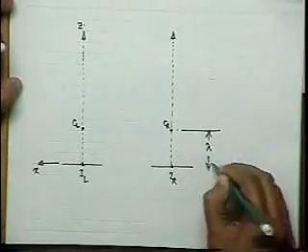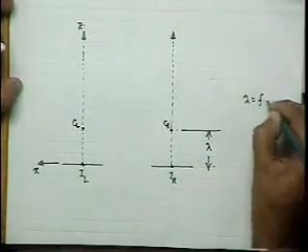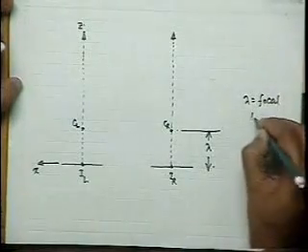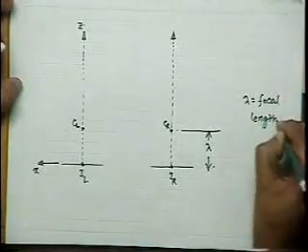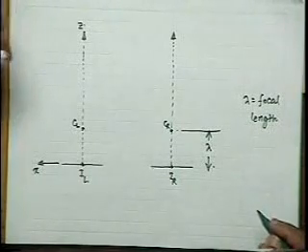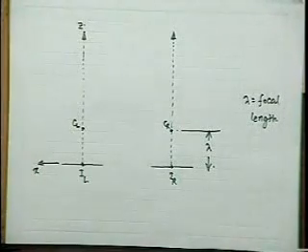So this is lambda, and lambda is equal to the focal length, and it is equal for the left as well as the right camera.